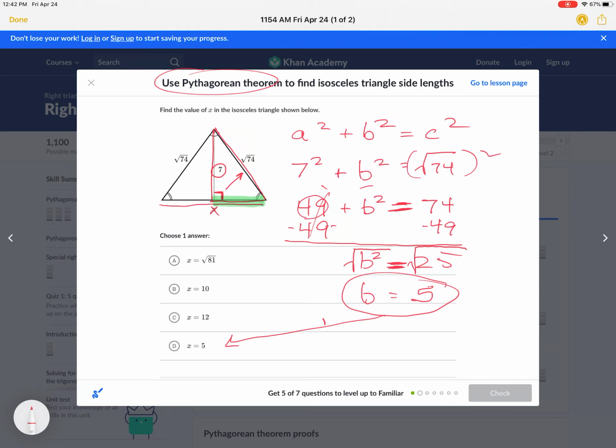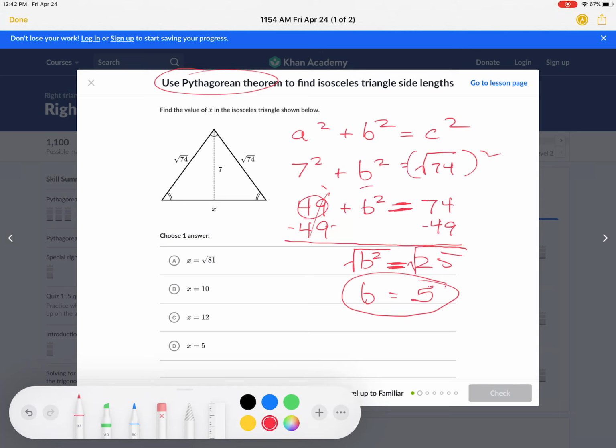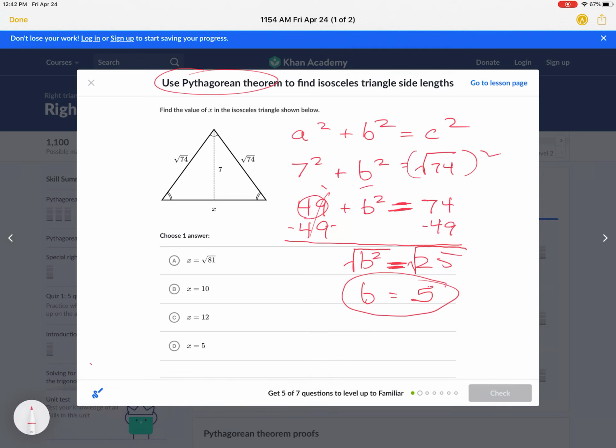But when I look over at this triangle and what we're trying to do with it, I know that x is referring to this entire length, all right? And when we found 5, we actually just found 5 for this spot right here.